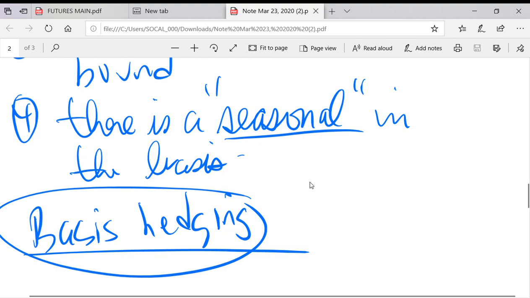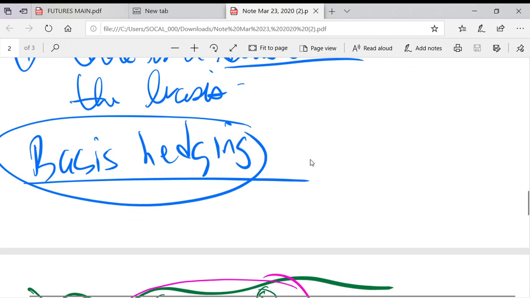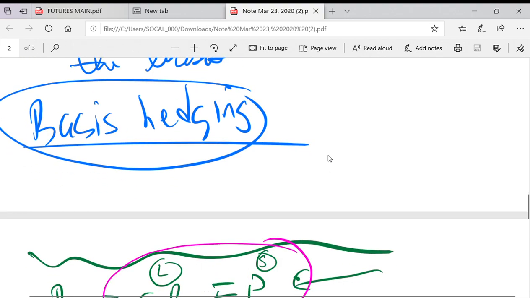Okay? So one other thing that's interesting is that it may be possible to hedge basis variation itself. Often the spot asset price and a nearby month basis is highly correlated with the price differential, the spread, between a nearby and a more distant futures contract price.